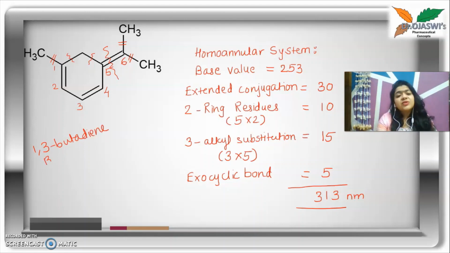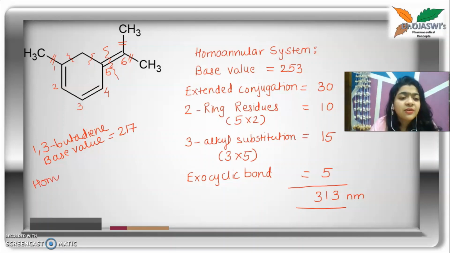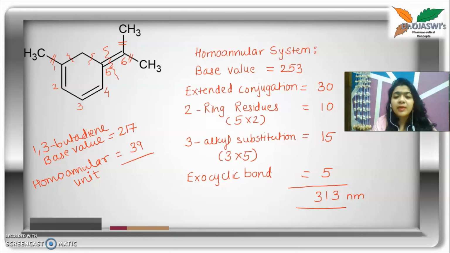So this particular structure we can also solve by considering the base value for 1,3-butadiene system. That is, if you see the carbon number 6, 5, 4, 3, if I consider that as my basic system, so base value would be 217 nanometers, and for the third double bond and ring residue, alkyl substitution, all other values will remain same. But there are 2 double bonds coming in one ring because of the extended conjugation.